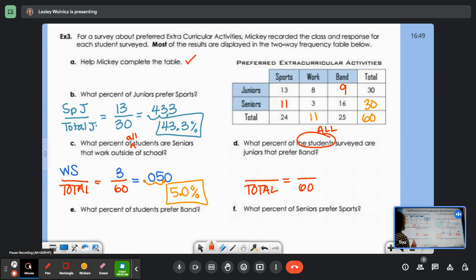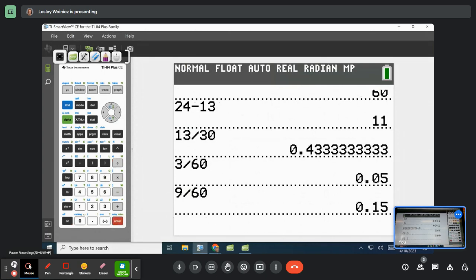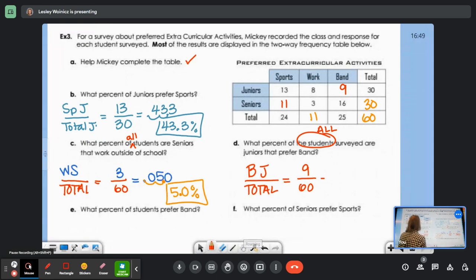Juniors that prefer band, there's 9 of them. So this is the band juniors. So 9 divided by 60. I'm getting 0.150. So move the decimal point over twice, and I get 15.0%.